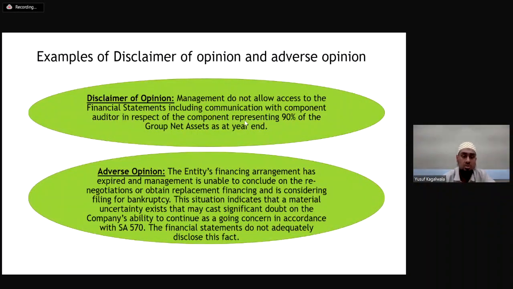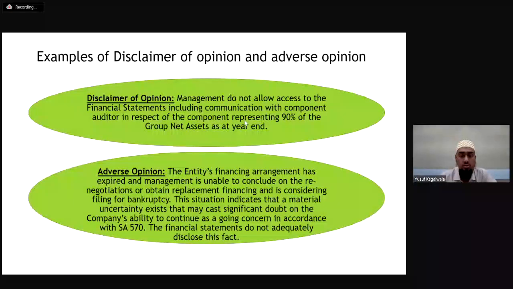In the first scenario, the disclaimer is given because the management is not allowing access to the financial statements or communication with the component auditors, and the components form 90% of the total net assets of the group. Since the impact is so material that I'm not able to get comfort on 90% of the total assets of the consolidated financial statements, the auditor will of course give a disclaimer of opinion.